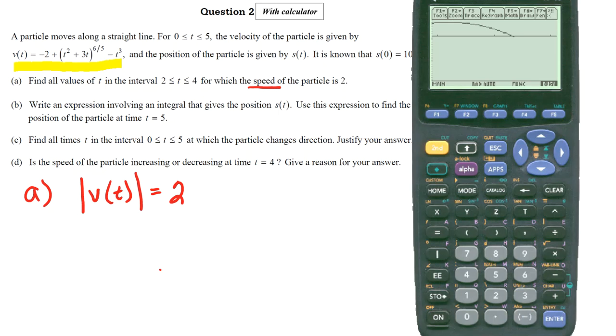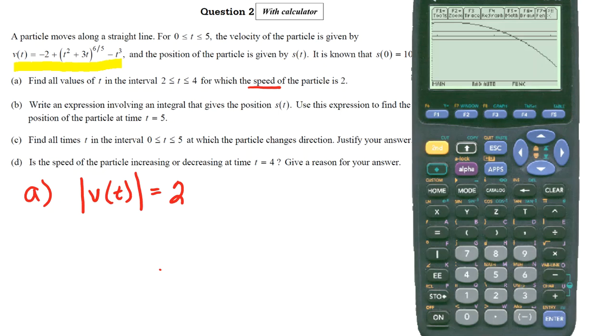So our horizontal line at positive 2 looks like it's only going to intersect once in that interval, and our line y equals negative 2 is only going to intersect once. So these would be the 2 places at which the velocity is equal to positive 2 and the velocity is equal to negative 2. So I trust that you remember how to find intersection points.